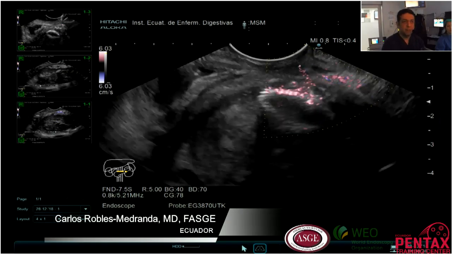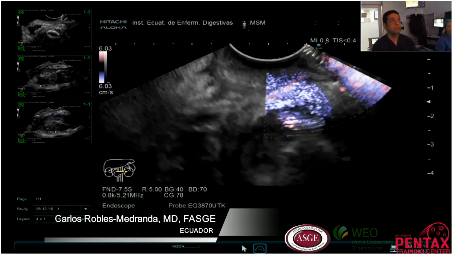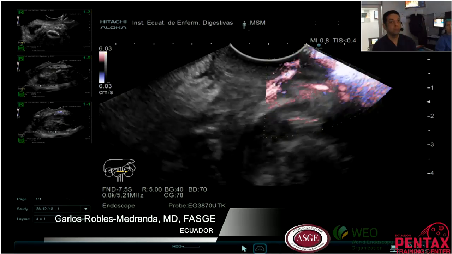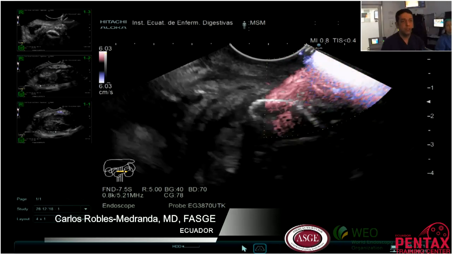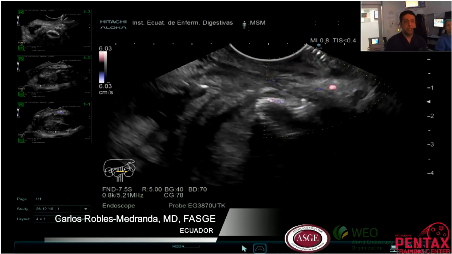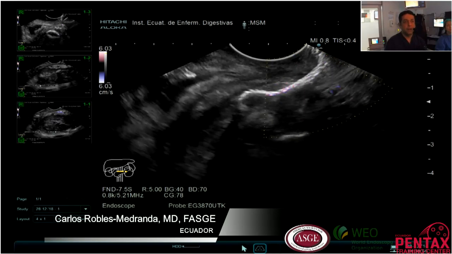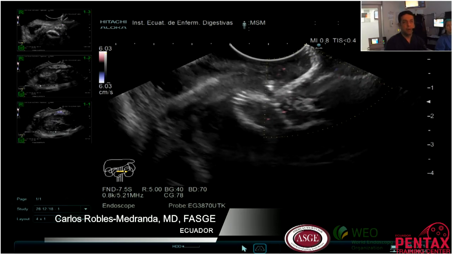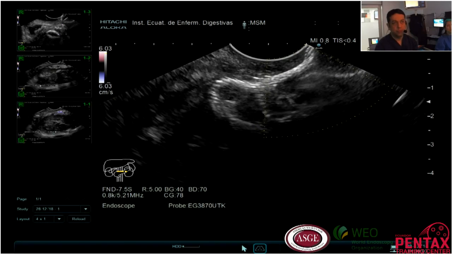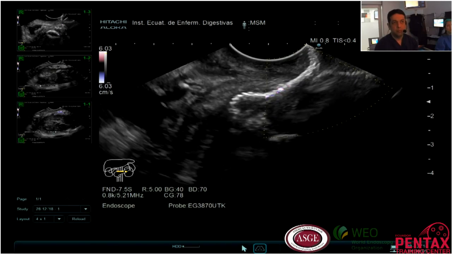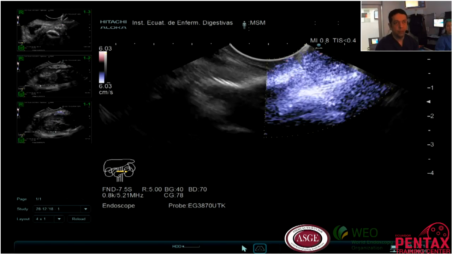After that, it's very important to see the evolution of the pseudocyst with walled-off necrosis, and this patient needs to have a surgical resection of the gallbladder and also cleanup of the biliary tract. But the biliary tract can wait now because the biggest problem of this patient is the pseudocyst with walled-off necrosis.